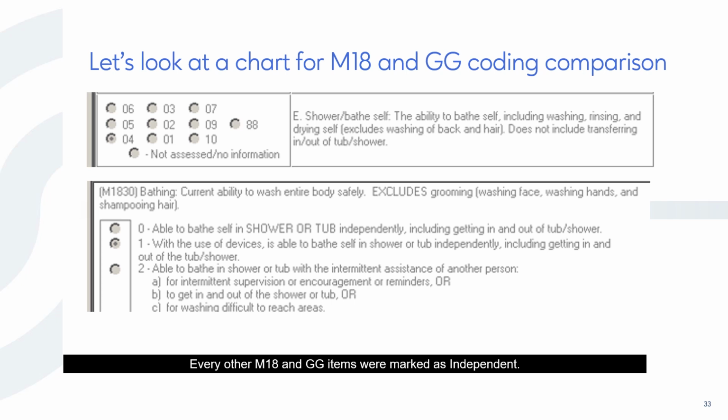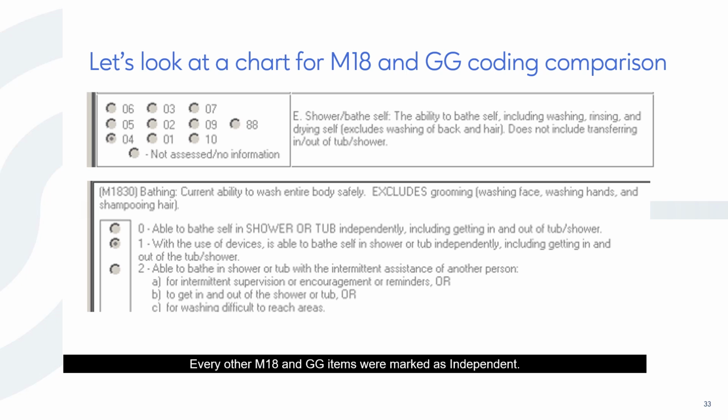But on the corresponding M1830 bathing item, it was marked as a 1, which says with the use of devices they're able to shower independently, including getting in and out of the tub or shower, which is no human. If we use therapy speak here, that's your modified independent patient. Modified independent means they can do it by themselves, they don't need a human, but they need some type of device, and that's that code 1 for this item.